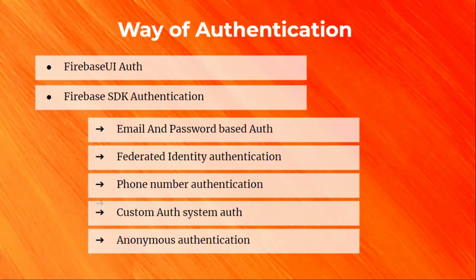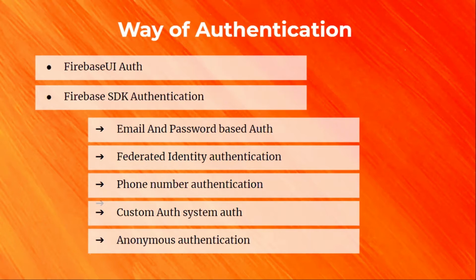First, it provides email and password authentication using the SDK. In this method, the user can enter their email and password, and if we want to verify that email address, we can send a verification email to their registered email. By using a phone number also, we can achieve this authentication process.